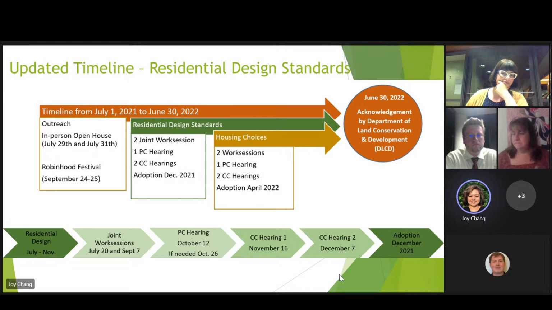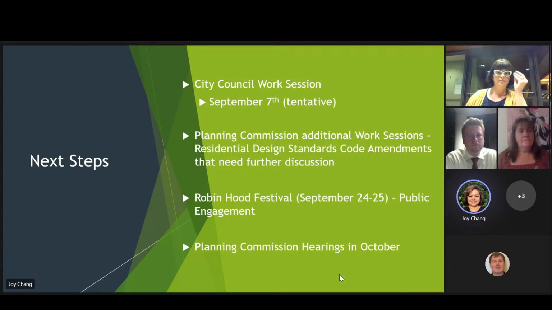At this time, it's tentative, just because their work session schedule is really full, so we're trying to confirm that. Possibly more additional work sessions with the commission, just to try to finalize the direction that you gave us tonight.